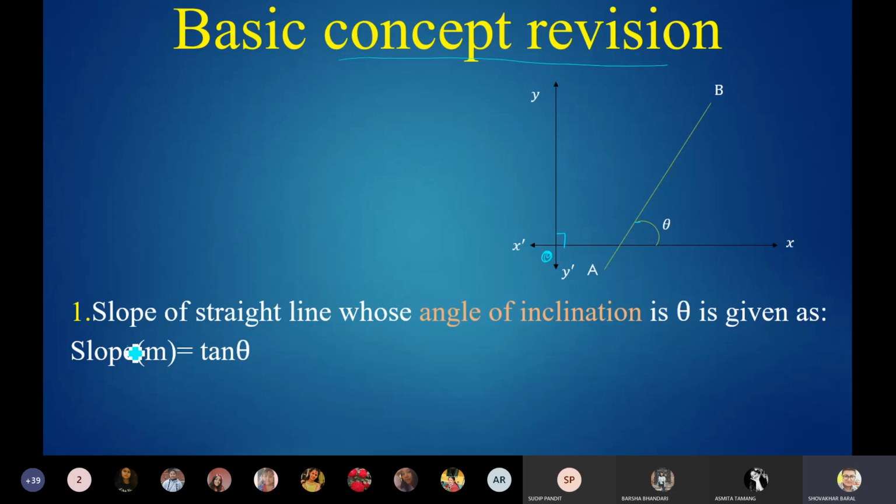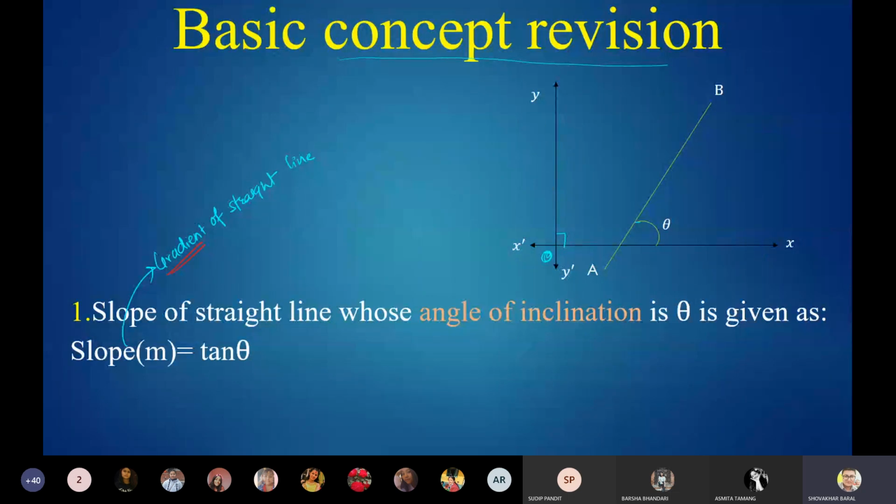As I told you earlier, the slope of a line is also called the gradient of a straight line, or simply gradient. Just draw this figure and write the formula. This will be needed in your whole exercise while we discuss things.